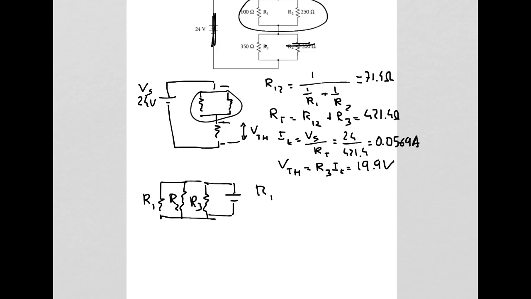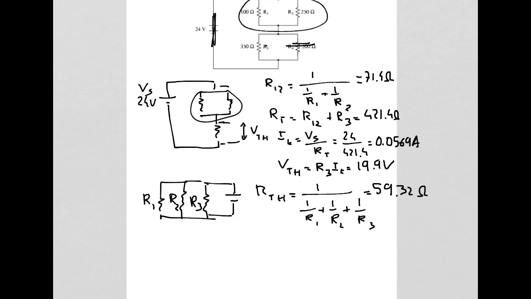So RTH is 1 over R1 plus 1 over R2 plus 1 over R3. And that actually gave you 59.32 ohms.